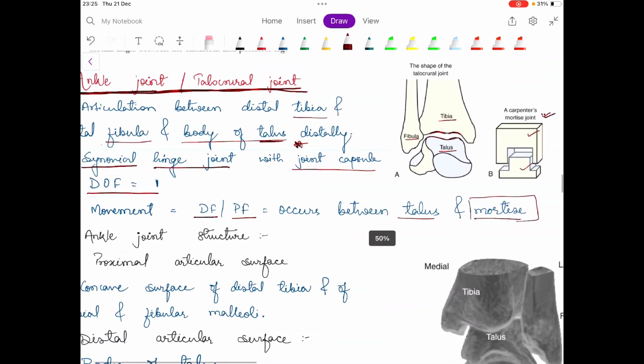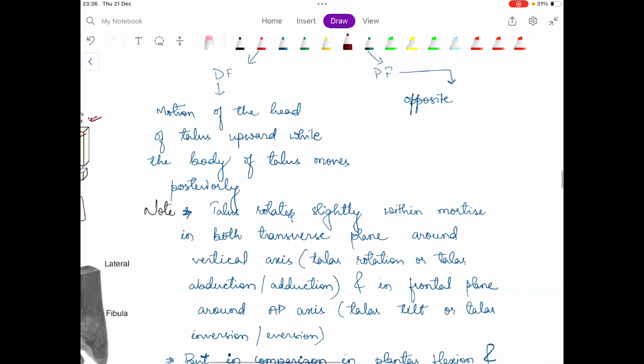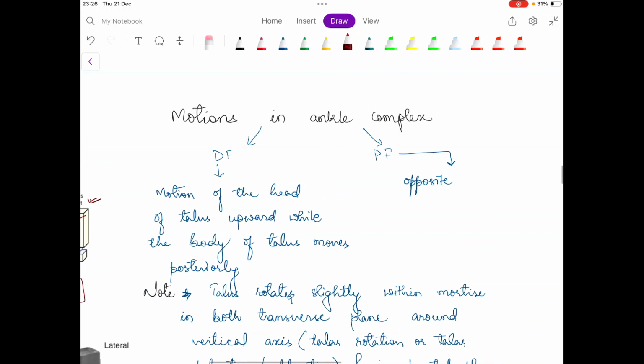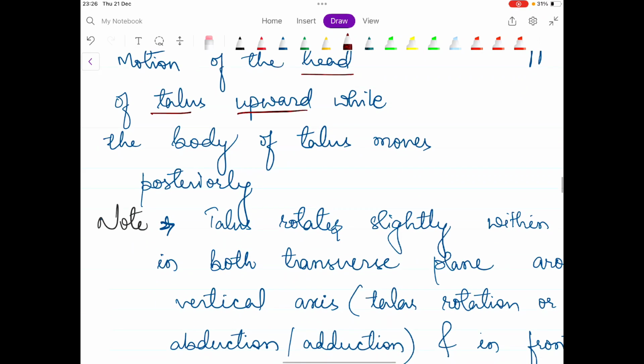Now let's talk in a little more detail about these two movements, because the movement of the ankle joint is very important. Okay, now there are two movements happening in the ankle complex, and those movements are plantar flexion and dorsiflexion. Okay, so in dorsiflexion, what's happening is the head of the talus moves in the upward direction, while at the same time the body of the talus moves in the posterior direction.